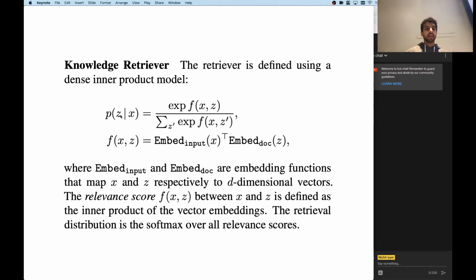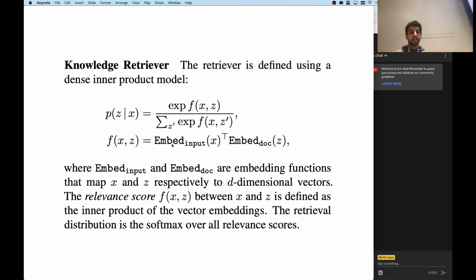So we'll get a distribution here by just dividing by the sum of all of the inner products from all of the passages in Wikipedia to this particular input X. And so this function f of X and Z is just some dense representation of X and the dot product of that with an embedding of the document.